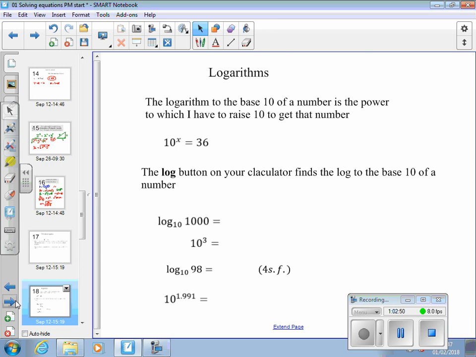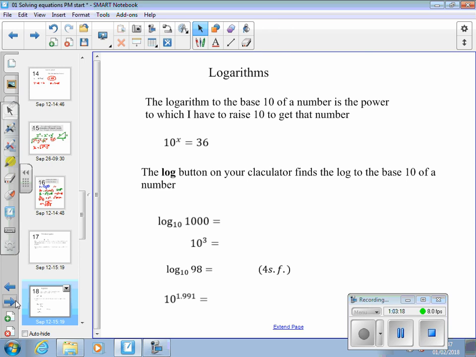So, using your calculator now, find the log to the base 10 of 1,000. If you use the log button, that is automatically assumed to be base 10. If I put log 10, it gives me 1.